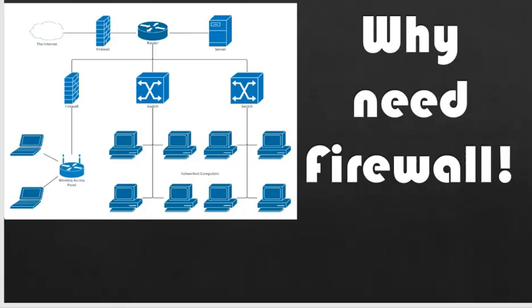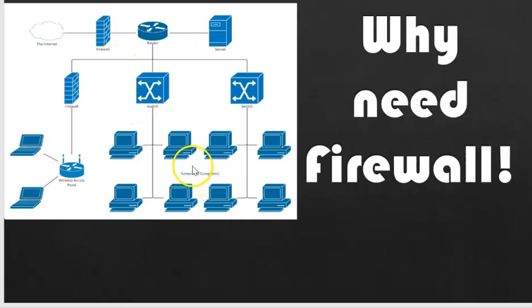In layman's terms, we can say the firewall is a sort of blocking device which can block or filter the traffic traversing from one network to another network. It can be deployed on the campus side, or between one side and another side, or within the data center from one server to another server.